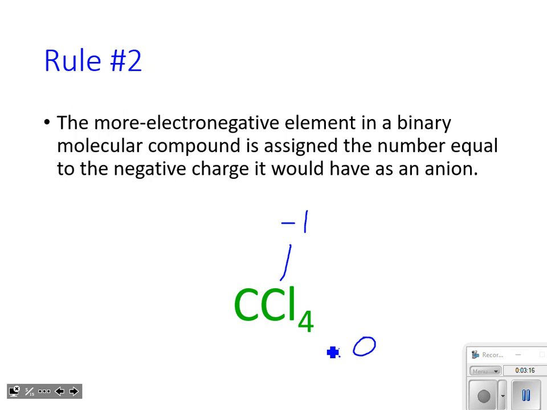So if I have -1 and there are 4 chlorines, that's going to give me a -4. So what completes this equation? +4. So my carbon must be +4 in this particular instance. So if we have a binary molecular compound, we need to check the electronegativities.